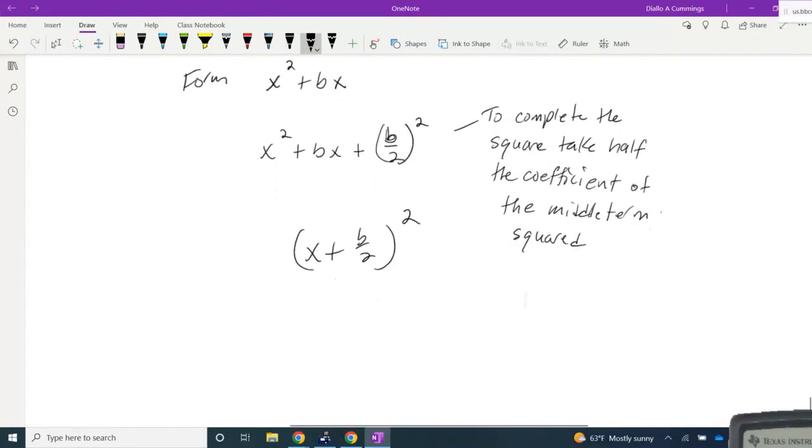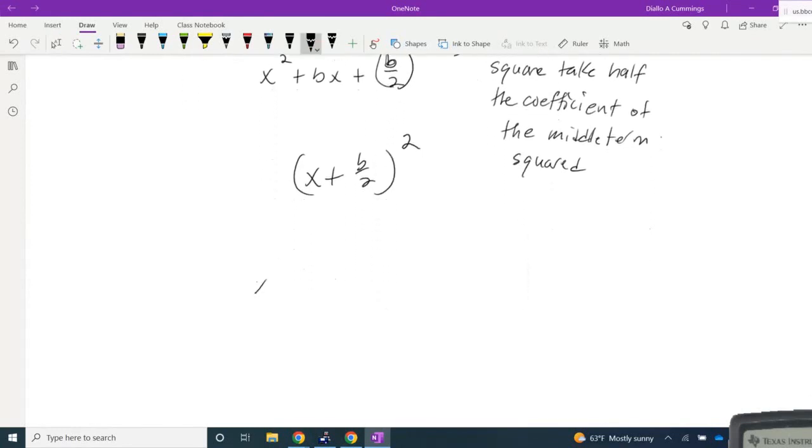So this is how it looks as far as a problem is concerned. Let's just say you have x squared plus 4x is equal to 2. I can complete the square on this left-hand side because I have the second degree term, its coefficient is 1, and I have my first degree term.